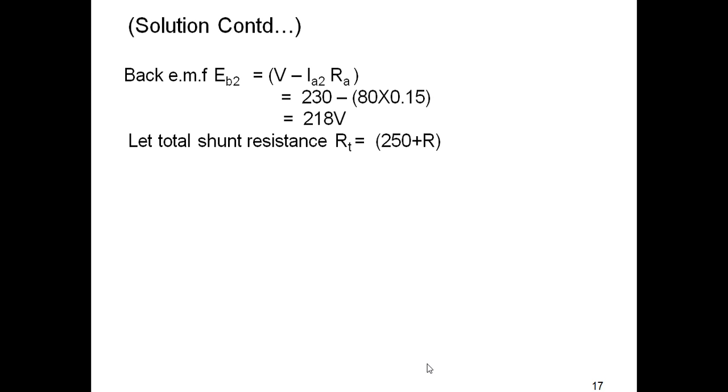And let the total shunt resistance RT is equal to 250 plus R, where R is the inserted resistance.